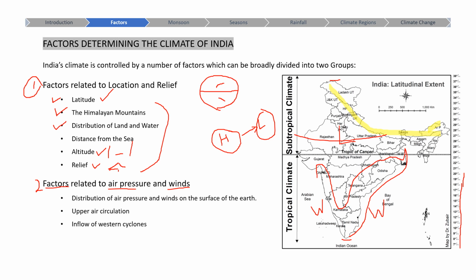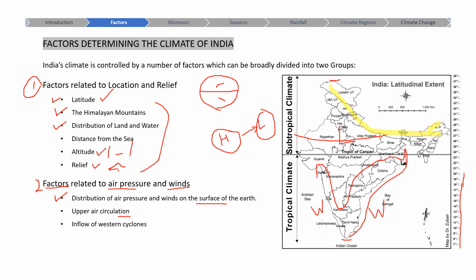So the factors related to air pressure and winds. Under this, there are three subsections: at the surface, wind circulation, pressure and winds on the surface; above the surface, upper air circulation, maybe above 3 kilometer, 9 kilometer, 12 kilometer.